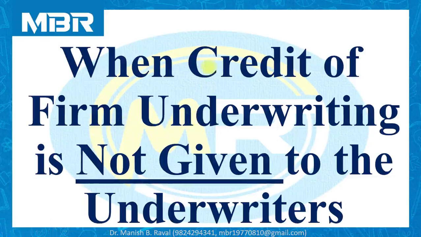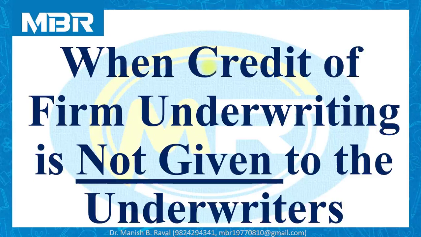The first part is when credit of firm underwriting is not given to the underwriters. Here we have to keep in mind that we don't want to provide any credit or benefit for the numbers of shares available to us in firm underwriting to the individual underwriters.